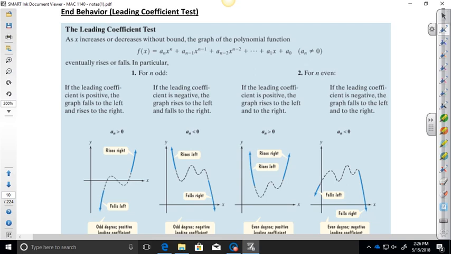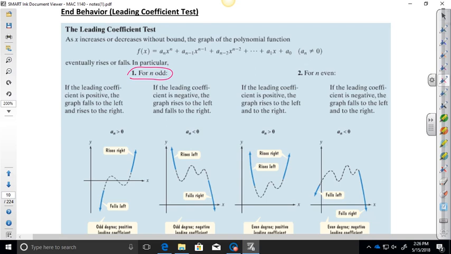First, we look at if the degree is odd. For example, if I write a polynomial function, f of x equals 3x to the 5 minus 2x squared plus 1. This is odd. Degree is odd.